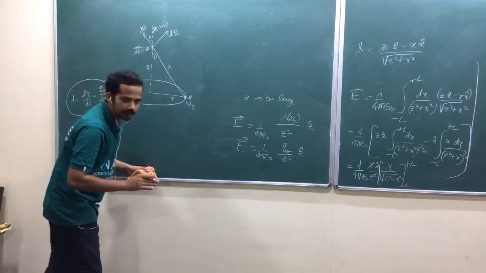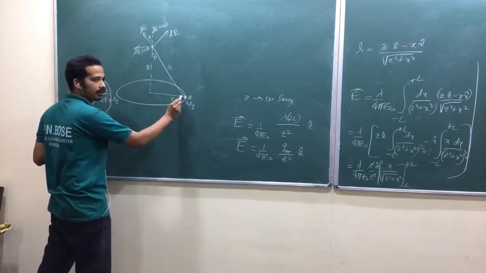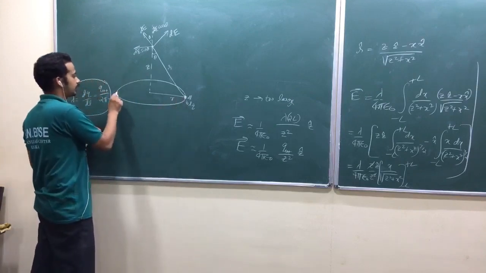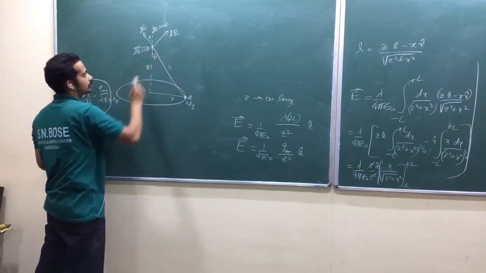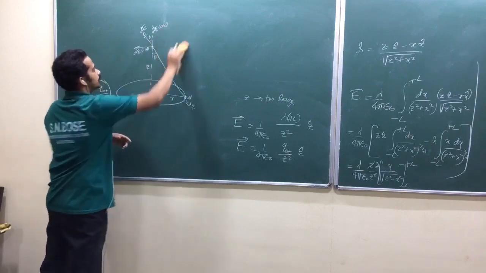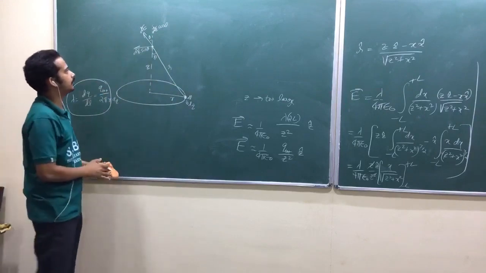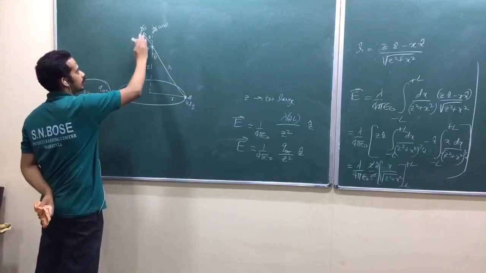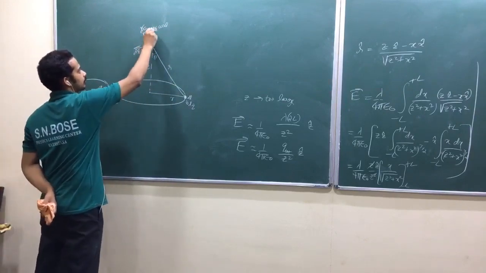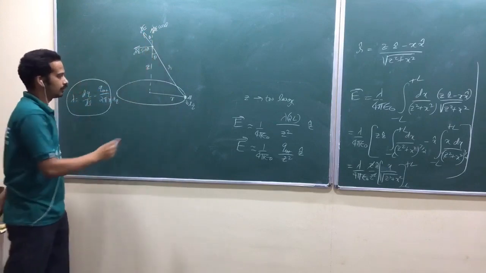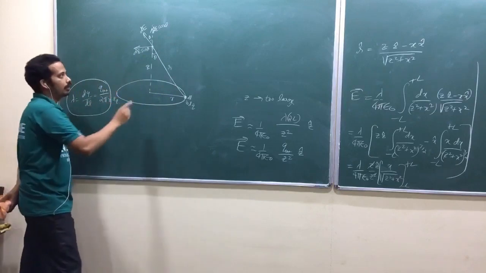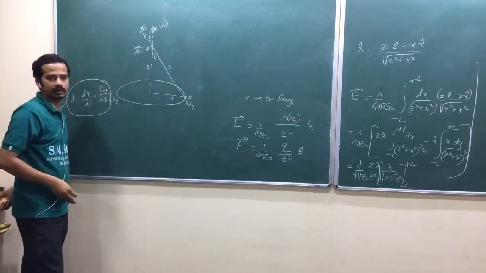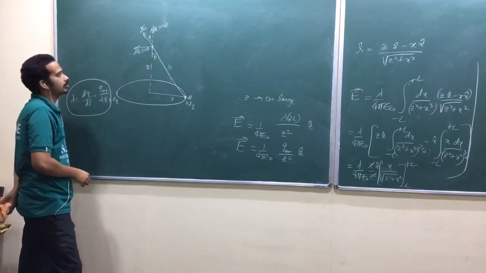But I am going to argue that for this elemental charge, there exists one more elemental charge exactly opposite, which will cancel out its horizontal component. Now this elemental electric field has a vertical component and a horizontal component, am I right? When you sweep this throughout the circular loop, all of those vertical components get added and horizontal components get cancelled.